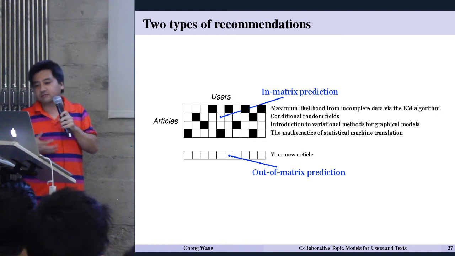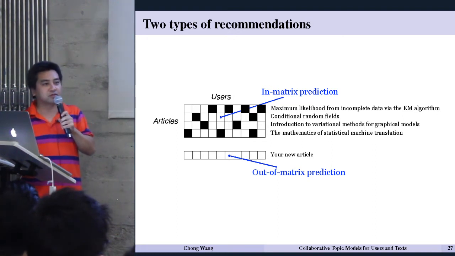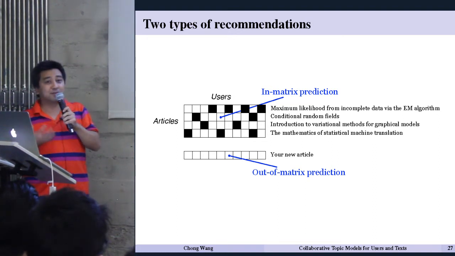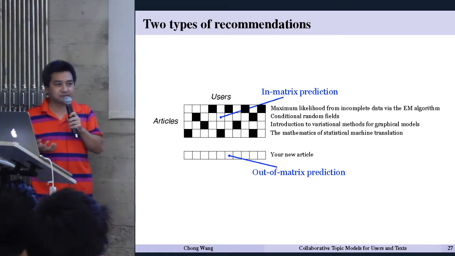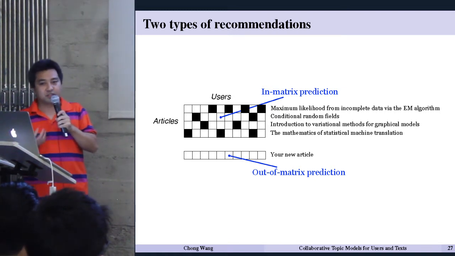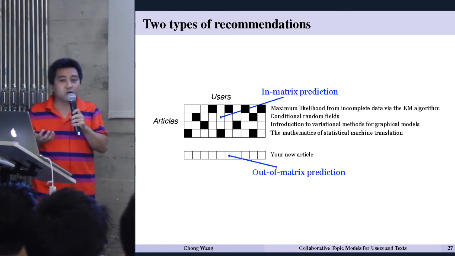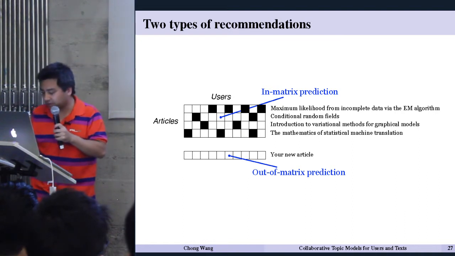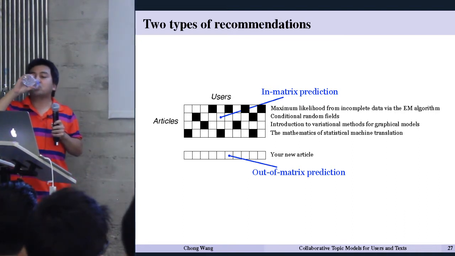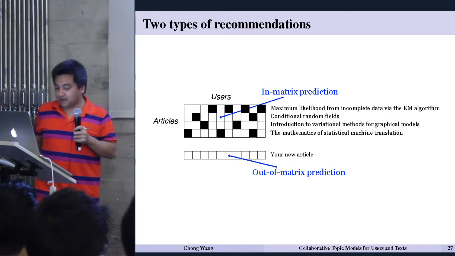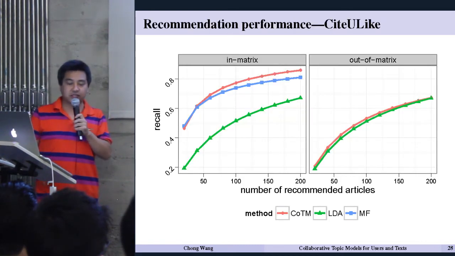Basically, you have completely new articles, maybe just posted on arXiv or just published, and you don't have any user information about those articles. You don't know who is going to read them, so you don't know who has read them. Okay, so those are the two types of recommendations.